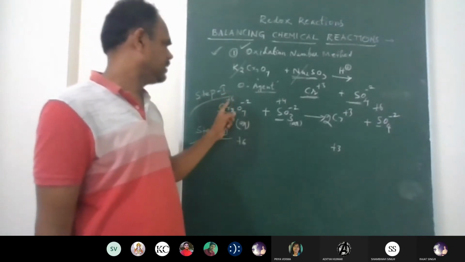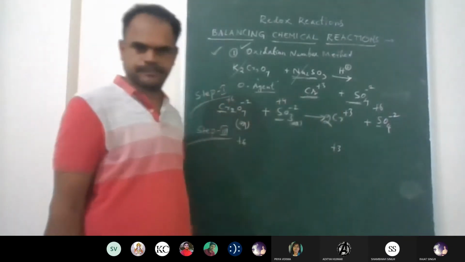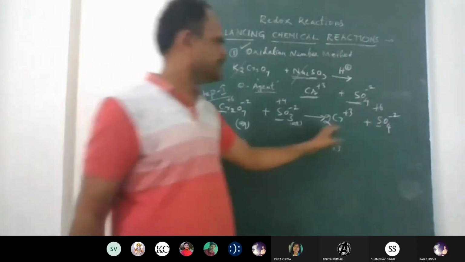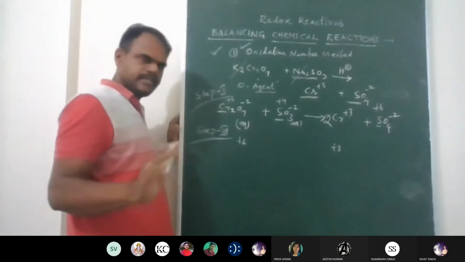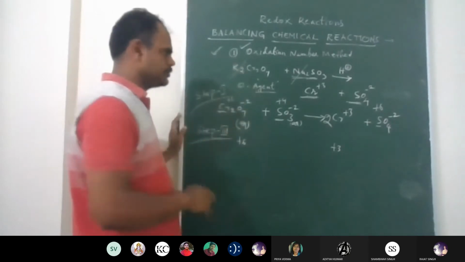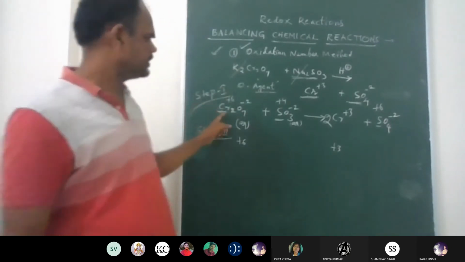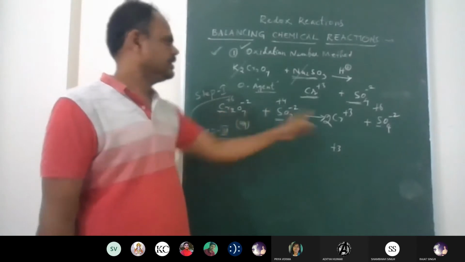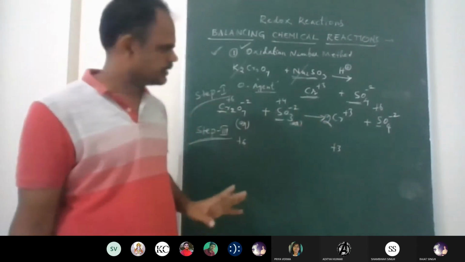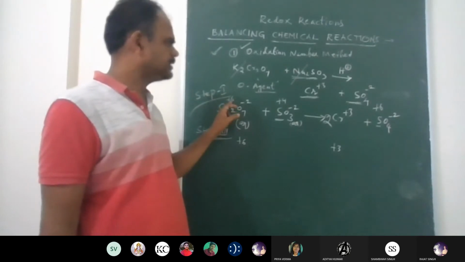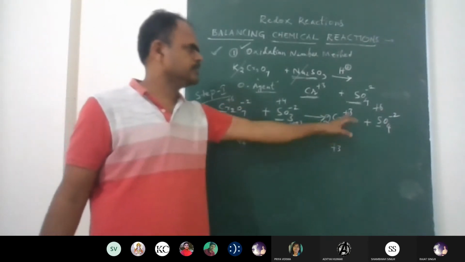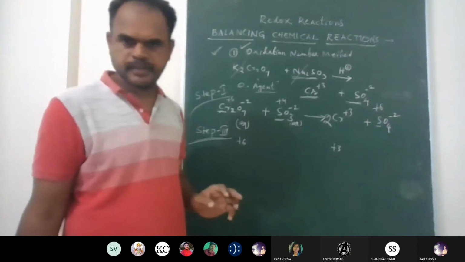So now here is the plus 6, here is the plus 3. 2 into plus 3 is plus 6. If in case any charge is not balanced, I will balance, don't worry. So here 2 chromium atoms are now balanced because 1 chromium atom oxidation number is plus 6 and here 1 chromium atom oxidation number is plus 3.